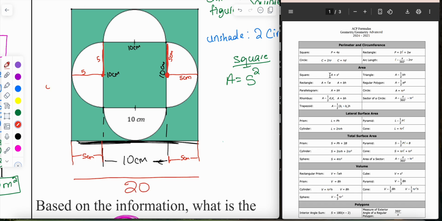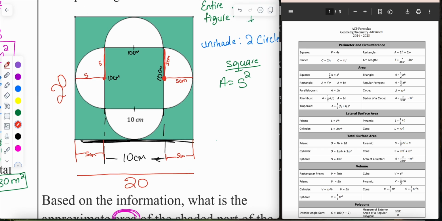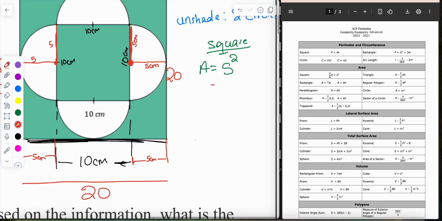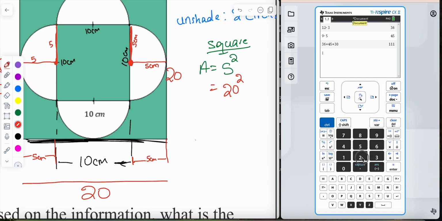So that is 20, 20, 20, and 20. To use the formula, we have 20 squared because the length of the square is 20. You go to your calculator, put 20 squared, and 20 squared gives us 400. So we're going to have 400 unit squared.